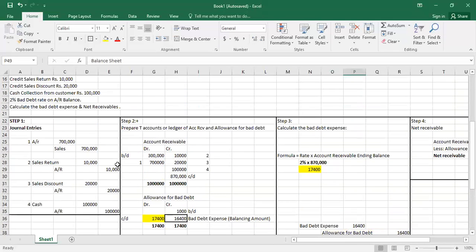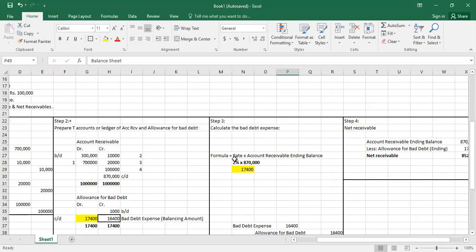But under the income statement and balance sheet approaches, that is, under the net credit sales method and the account receivable ending balance method, we will have the same number of steps. Step one for journal entries, step two for T accounts, step three for bad debt expense, and step four for net receivables. The only difference is that we calculate the rate, and the resulting amount will be the ending balance, not the bad debt expense, unlike the net credit sales method.